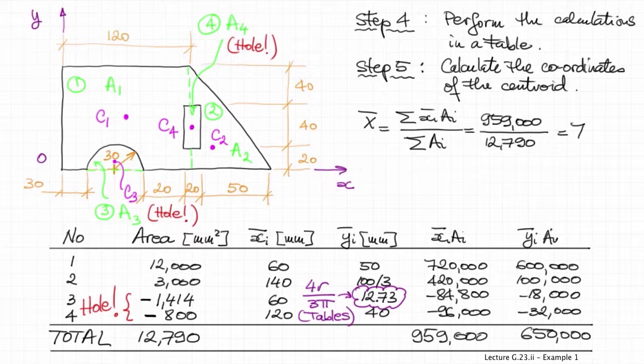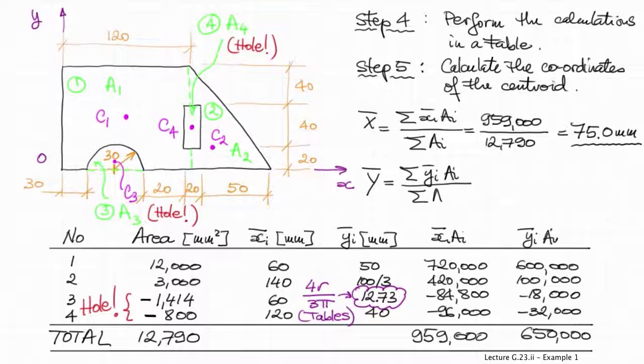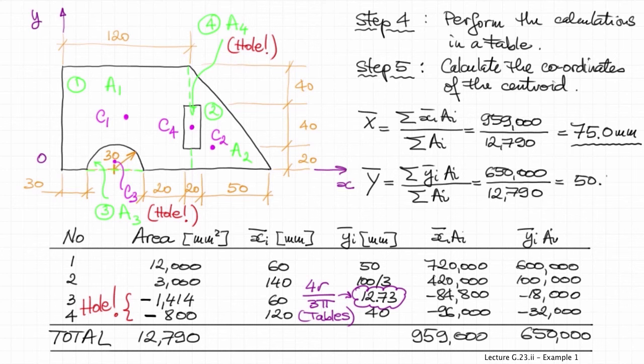So the x coordinate of the centroid is located 75 millimeters measured from the y-axis, and y bar equals the sum of yi bar ai divided by, again, the total area of the plate, and that will give us 50.8 millimeters positive measured from the x-axis.